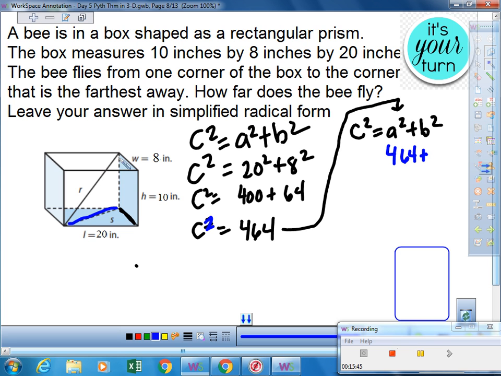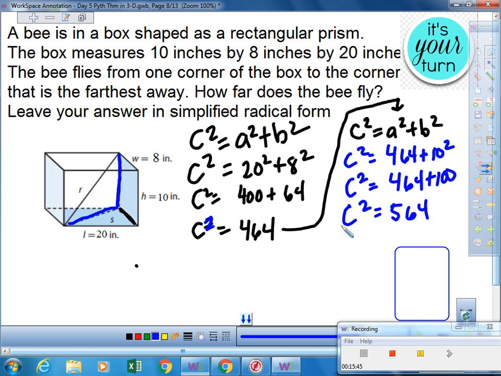And what is this? This is what length? 10. 10 squared. So 464 plus 100. C squared is 564. I'm going to take the square root.